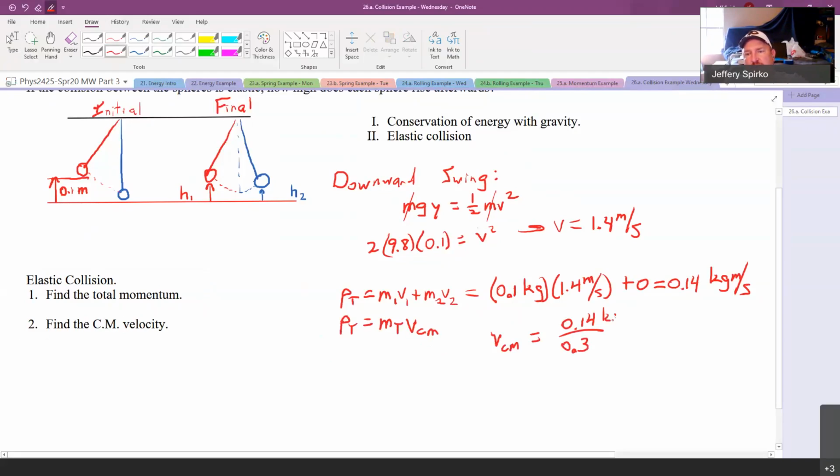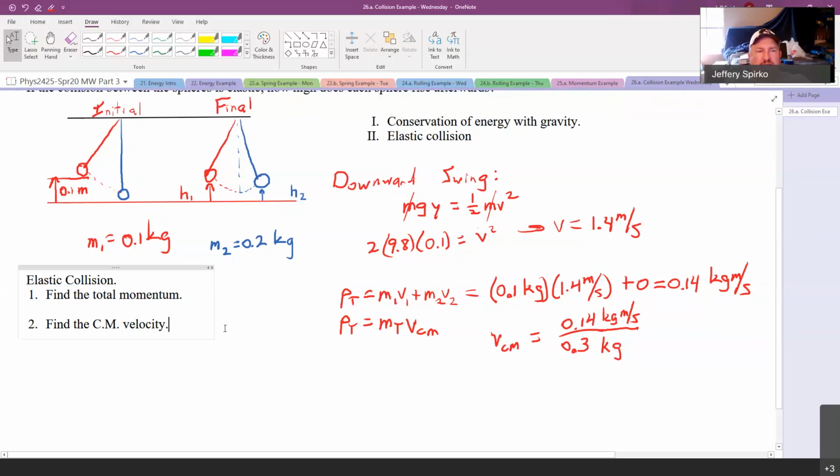Let's put units: kilogram meters per second over 0.3 kilograms. So I took the total mass of these two objects. M1 is 0.1 kilograms and M2 is 0.2 kilograms. And it's the total mass that goes into this P equals mv formula with the center of mass velocity.